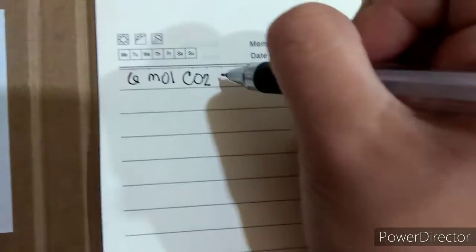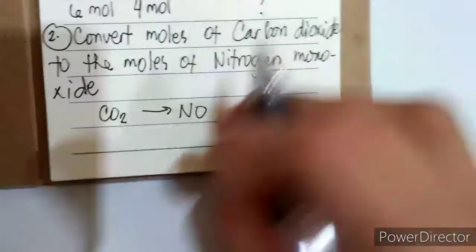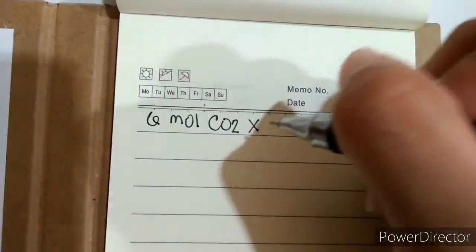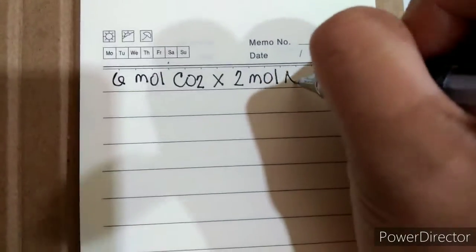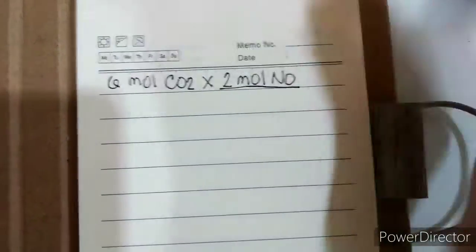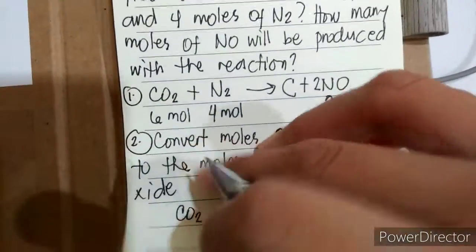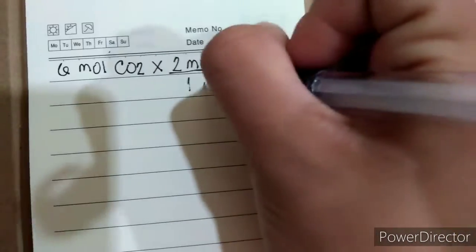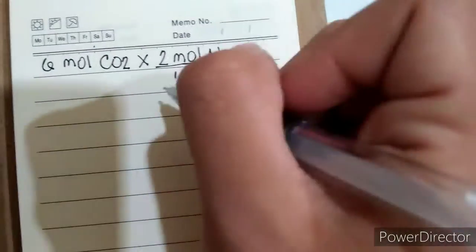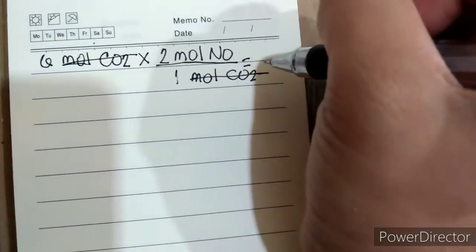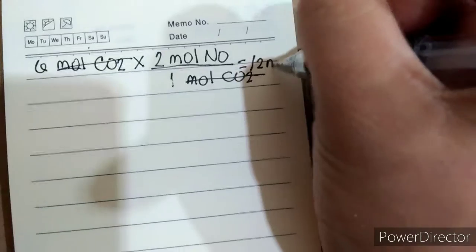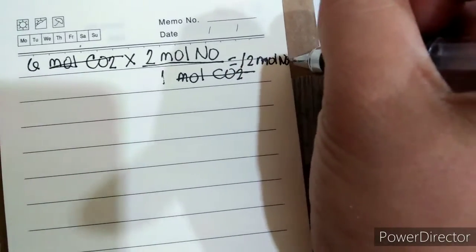So let's put here 6 moles of CO2 and multiply. We also have 2 moles of nitrogen monoxide, 2 moles of NO, divided by 1 mole of CO2. So let's cancel this out. So 6 times 2 divided by 1 is 12 moles of NO. It is NO guys.